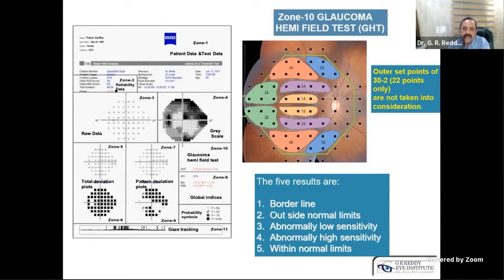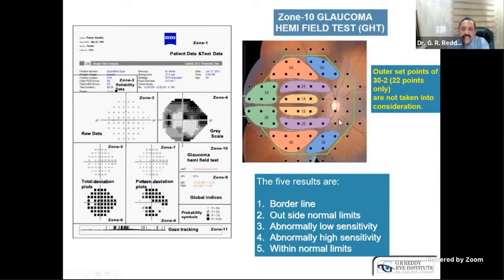There we don't require the depth of the field defect, only its pattern, so you can go straight for the Theta fast strategy because the test can be finished in a shorter time. In all glaucomas where the patient can do the test, you go for Theta standard.